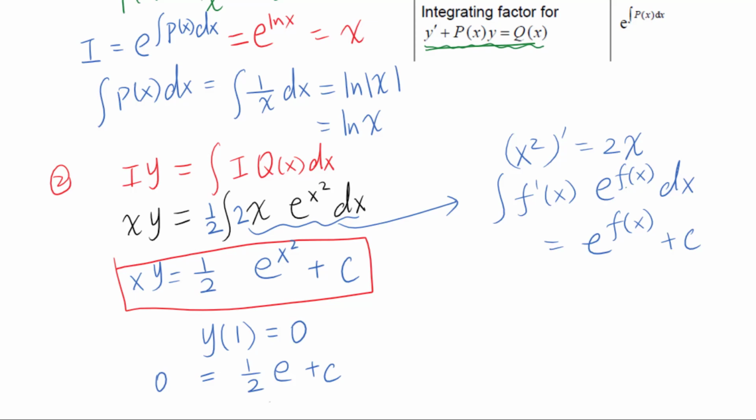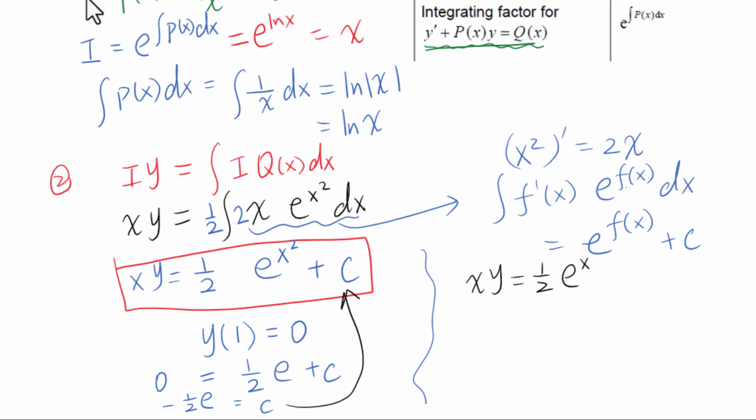So we get c equals negative 1/2 e. Then we substitute back: x y equals 1/2 e to the x squared power minus 1/2 e.